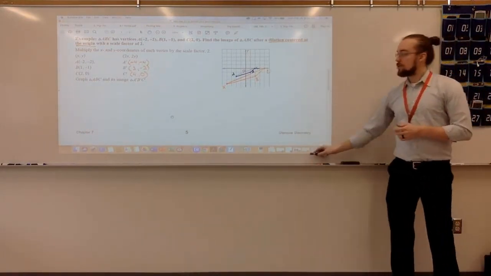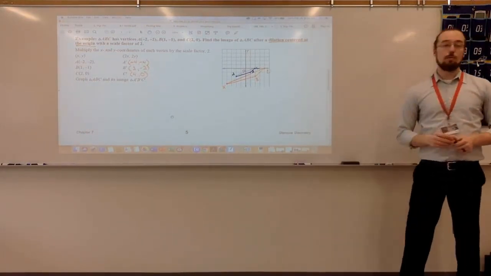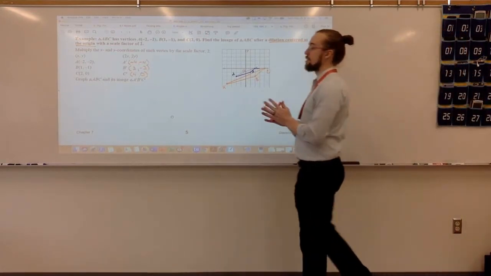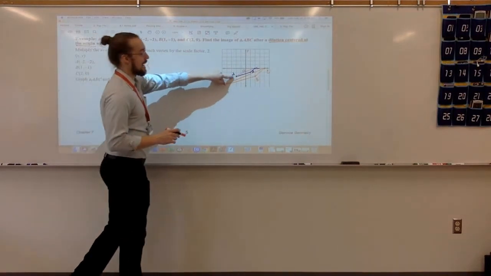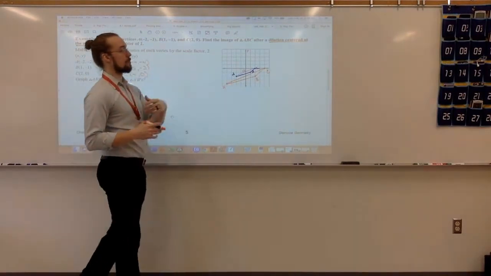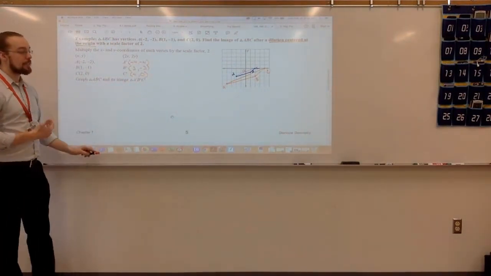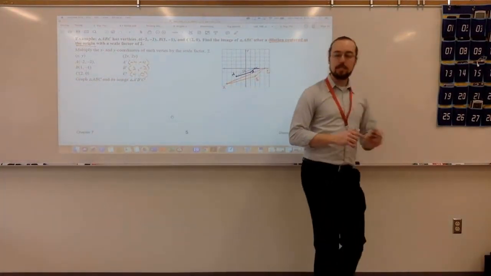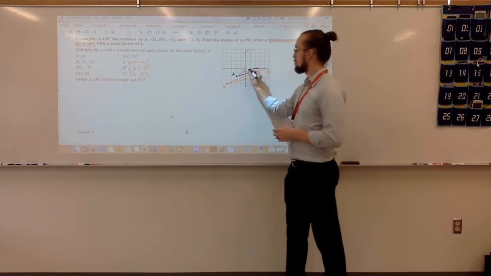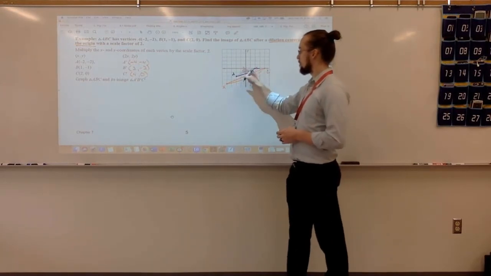Right. So this, guys, this new triangle is exactly twice the size of my old triangle. And it even fits what we were just talking about, right? If I connect each of my original points to the center of dilation, so we said the origin is the center of dilation, right?